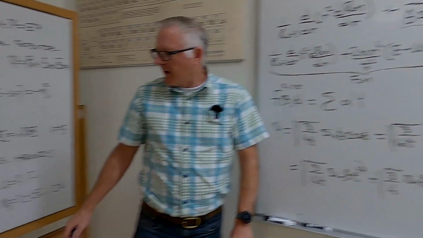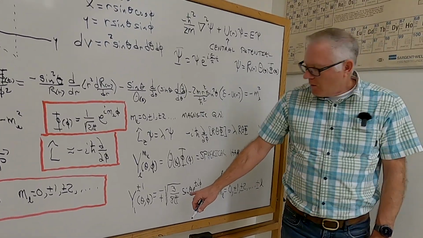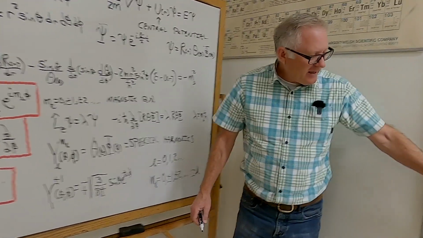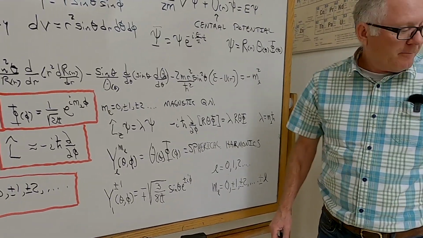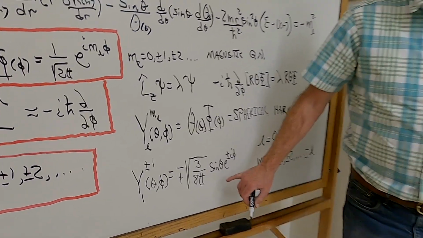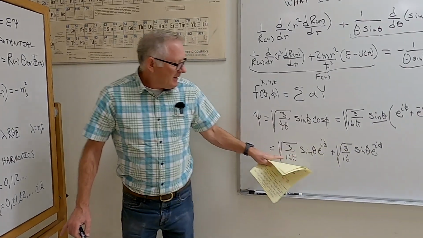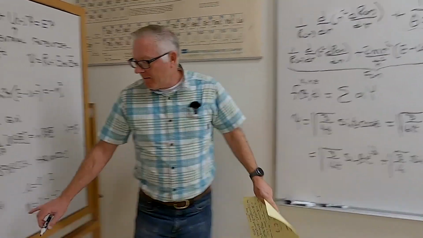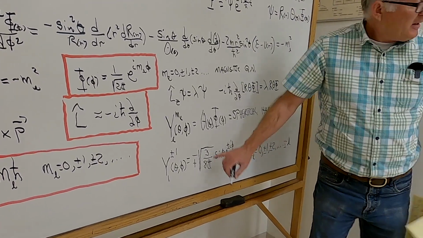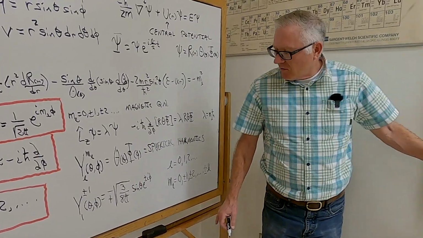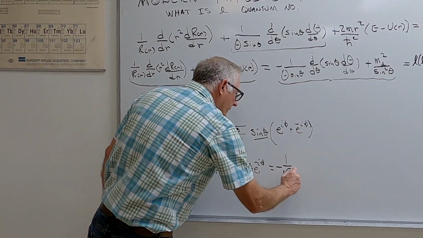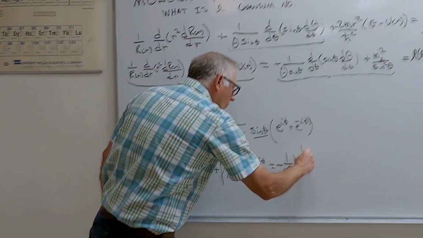Well, you'll notice I wrote down just the Y 1 plus or minus 1. The only difference is that this one has an extra square root of 2 in the bottom because this has a square root of 16. And you notice that when this is plus, this one should be minus. So if I just took this minus and brought it over here, this first term just looks like minus 1 over the square root of 2, Y 1 1.